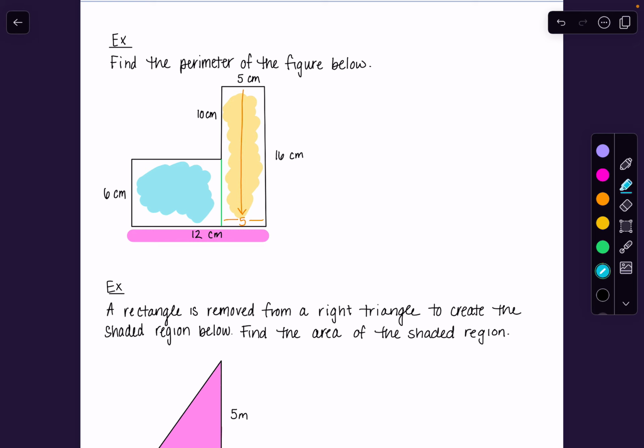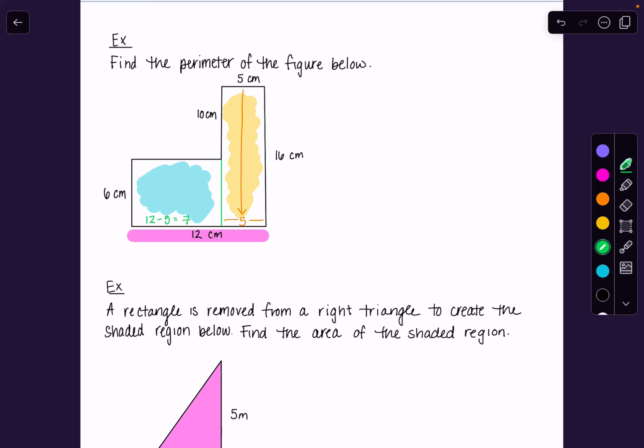Which then tells me this side here plus this one has to add up to 12. Immediately it tells me this side is going to be 7 centimeters because I'm going to take 12 and subtract the 5.